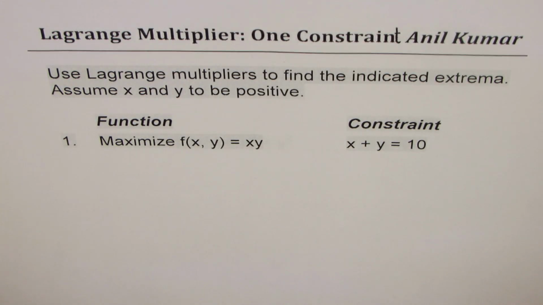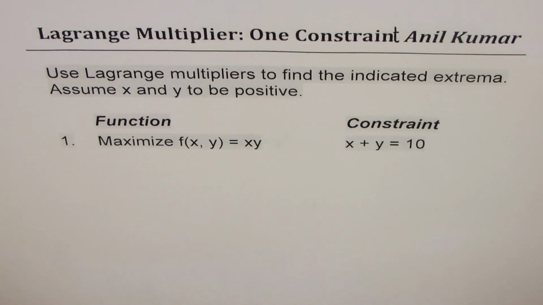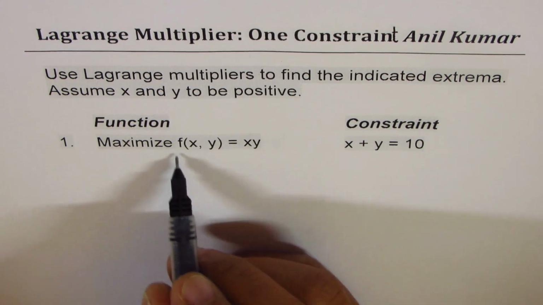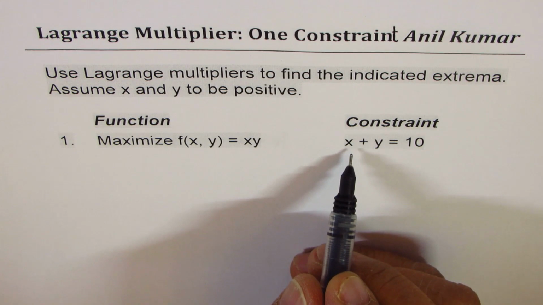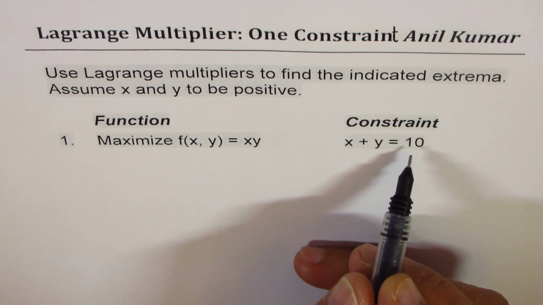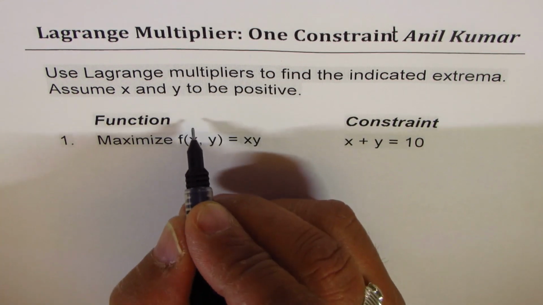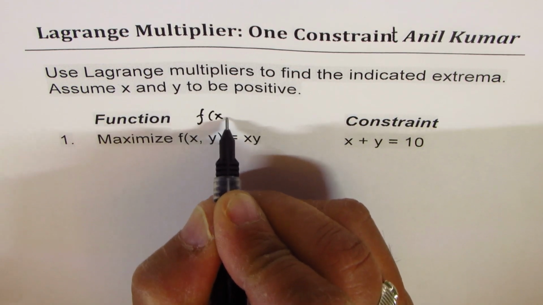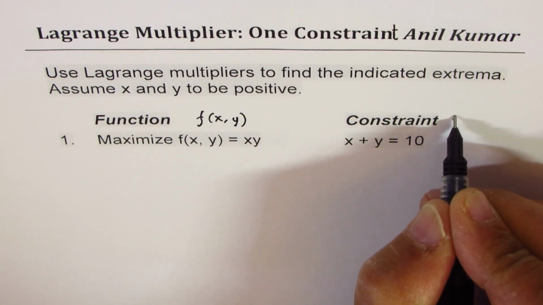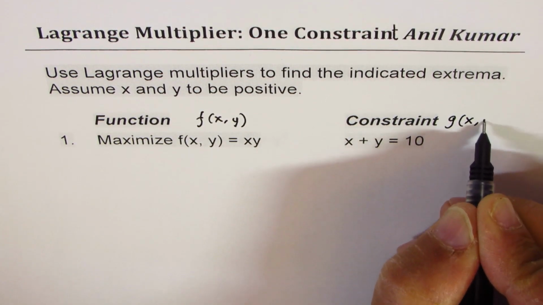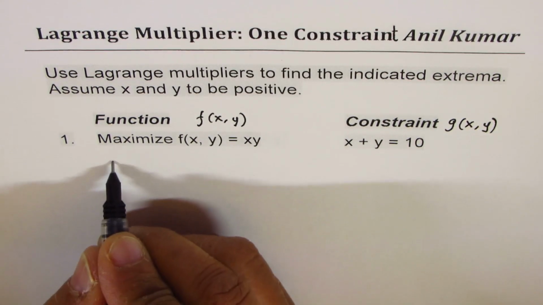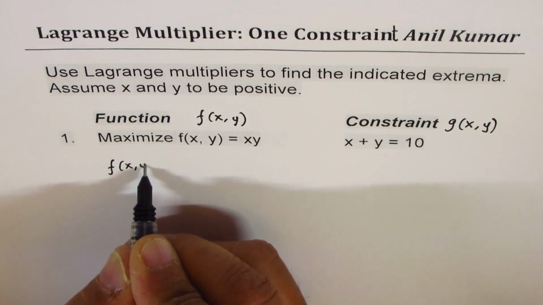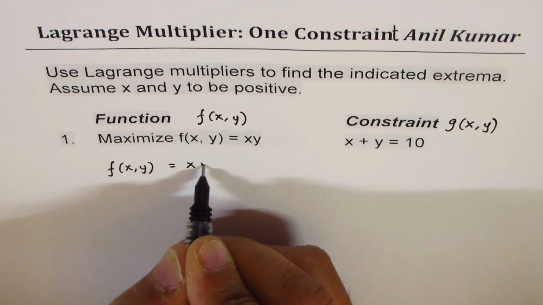So the first example here is to maximize the function f(x,y) equals xy. The constraint here is x plus y equals 10. So we'll always consider this to be the function in terms of these two variables and constraint g of x,y. Now, from here we are given that the function f(x,y) is equal to xy.